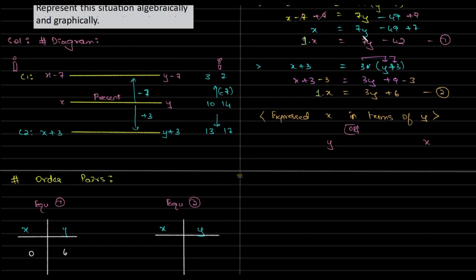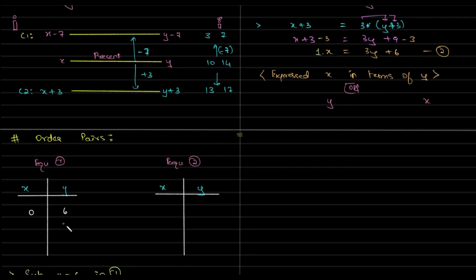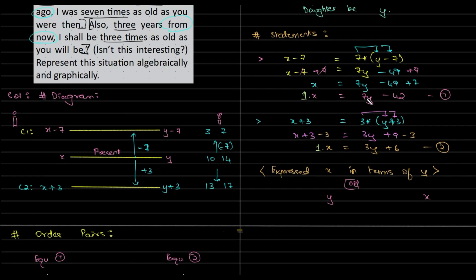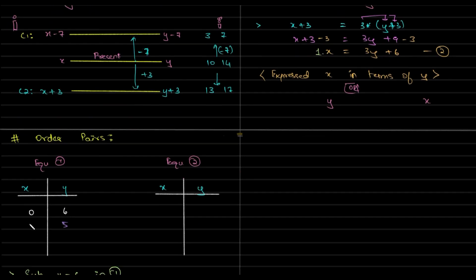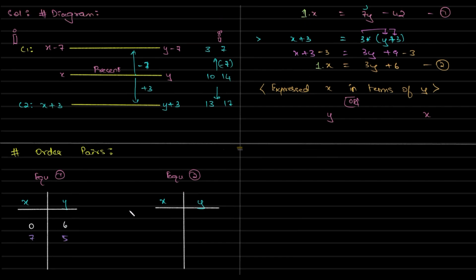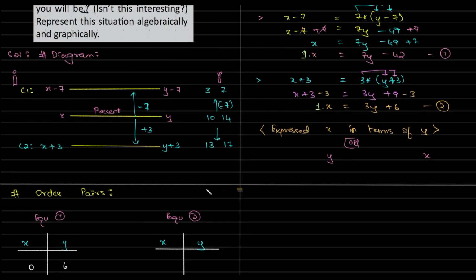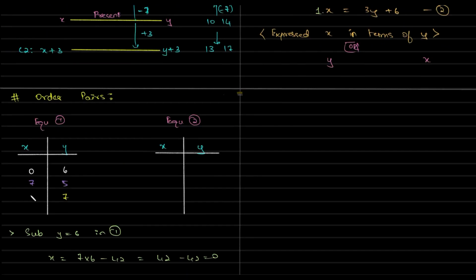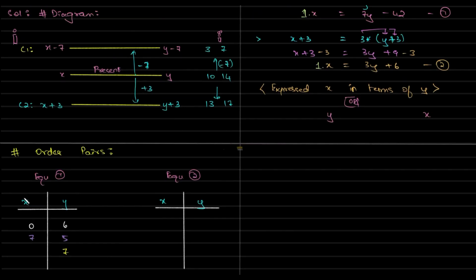So next is put a value which is near, like something like 5. 7 fives are 35. 35 minus 42 is minus 7. And put a number which is 7. No, 7 sevens are 49. 49 minus 42 is 7. Wait, did I do that right? Okay, sorry, this is minus 7 and this is plus 7.